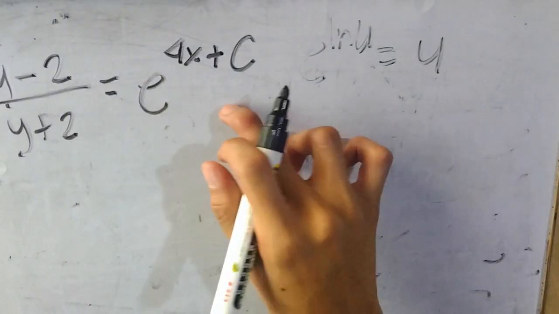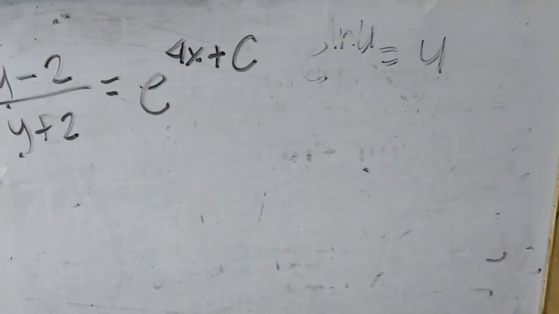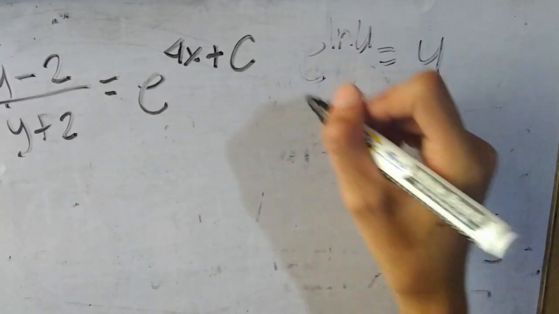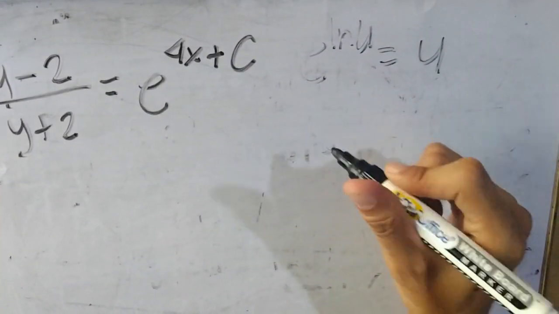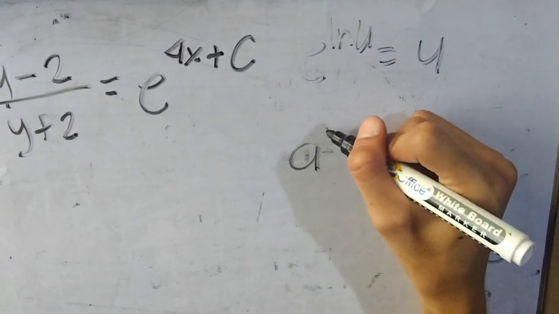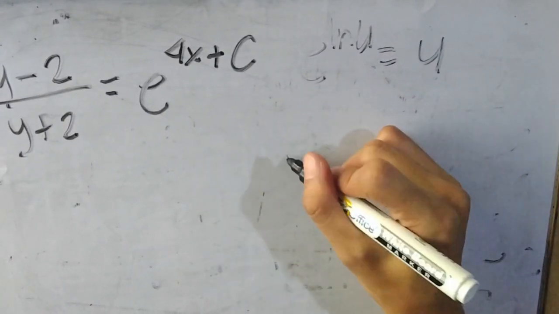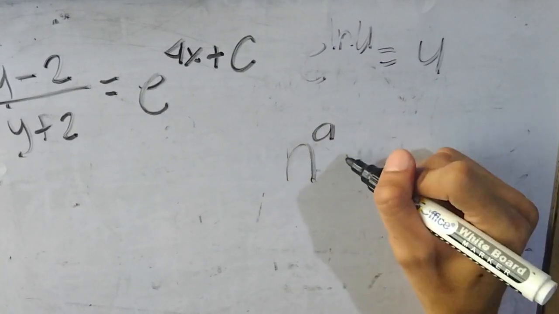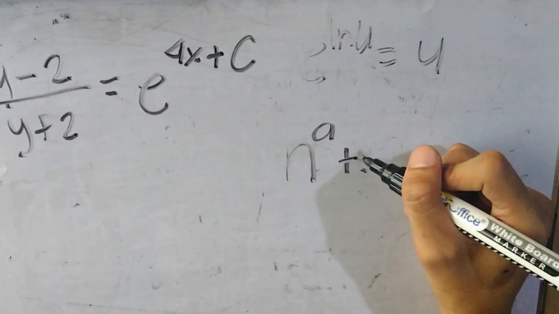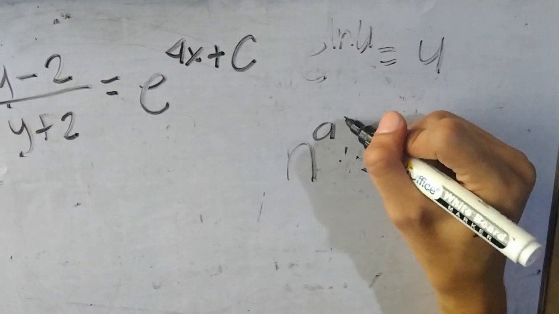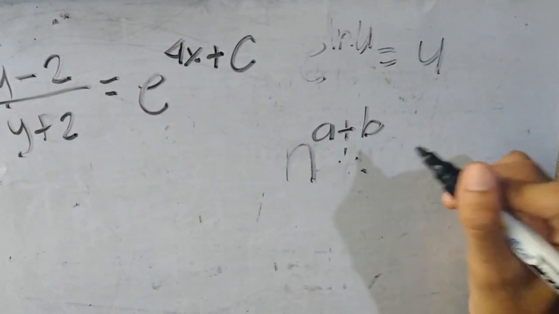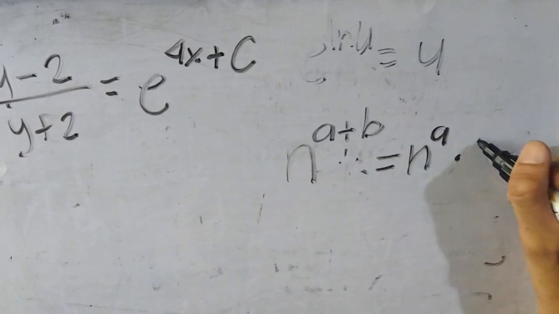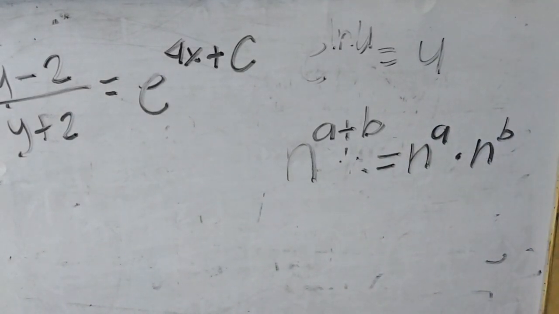Now here, if you recall also the rules of exponents, if we have n raised to an exponent a plus b, it is equal to n exponent a times n exponent b.